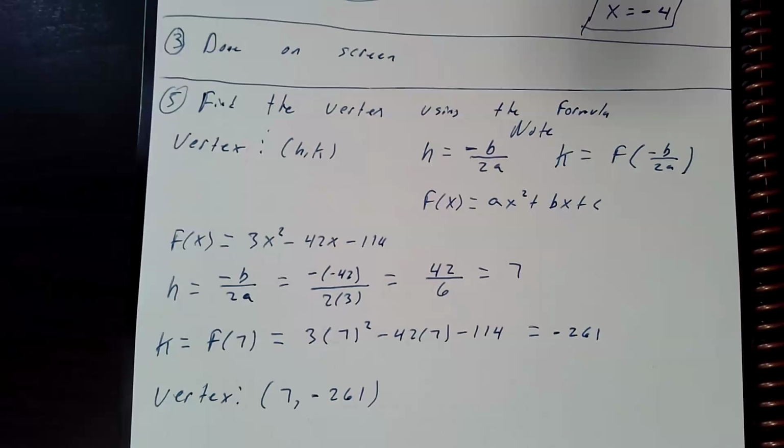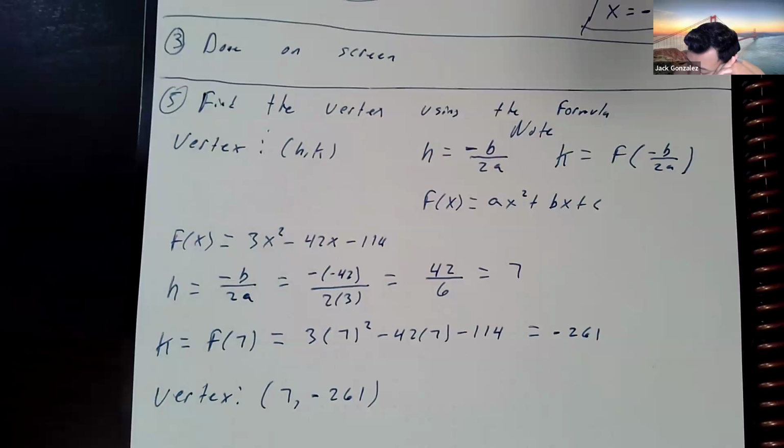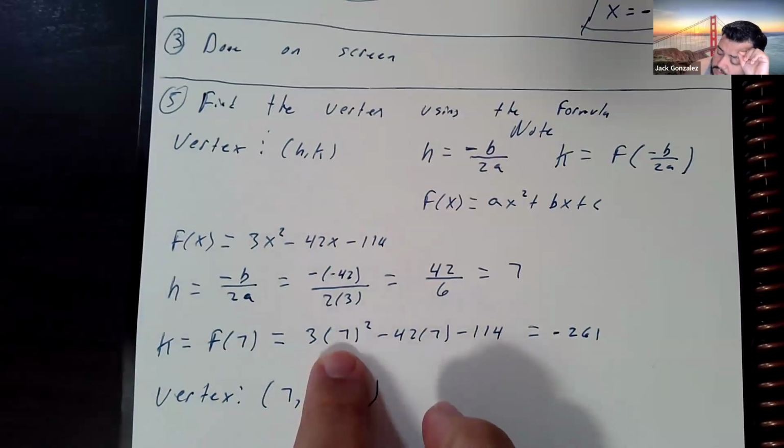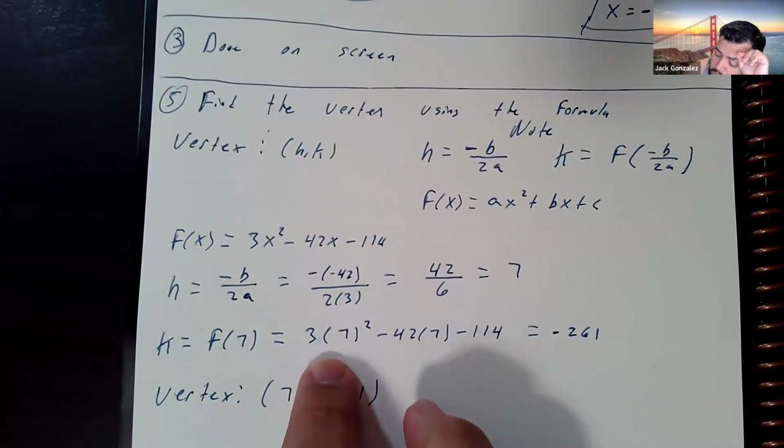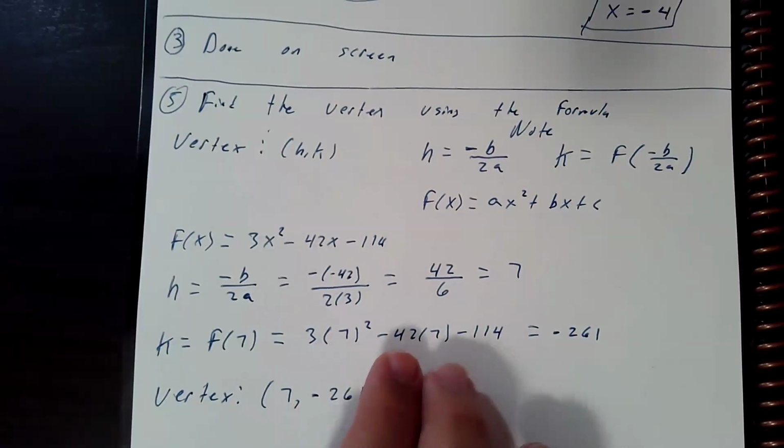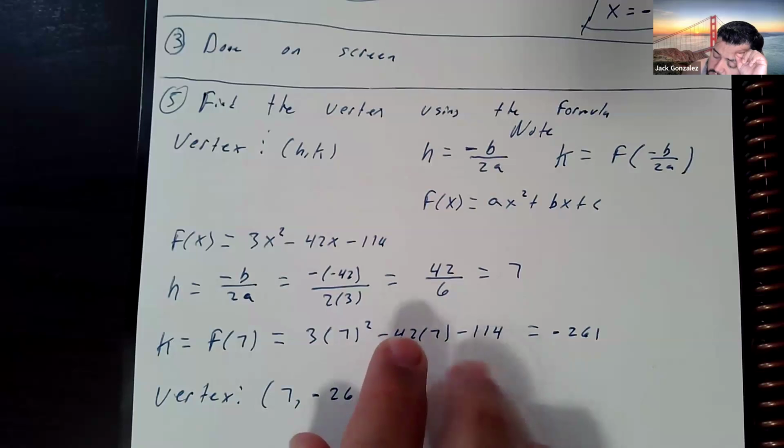So when you solved it, like 3 times 7, which one goes first? The parentheses. Yeah, you square it first. So 7 times 7 is 49, then 3 times that. And then these need to be multiplied first, 42 times 7.